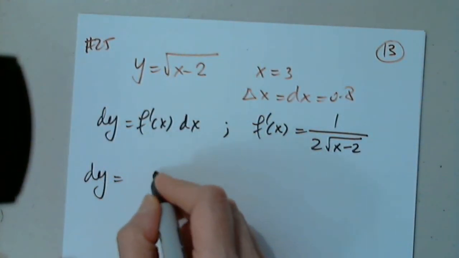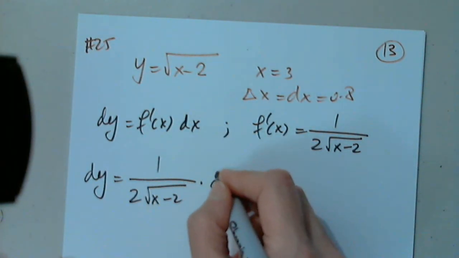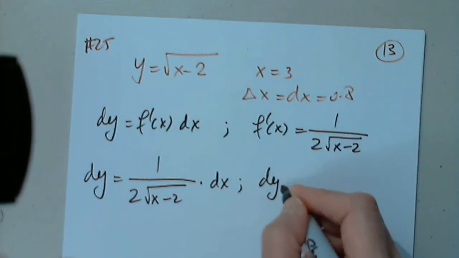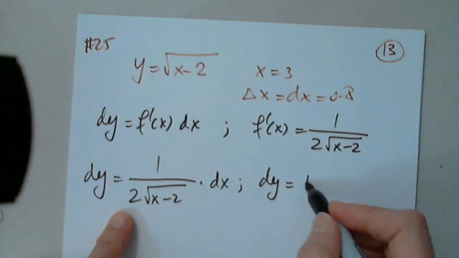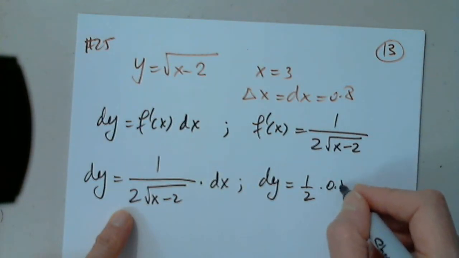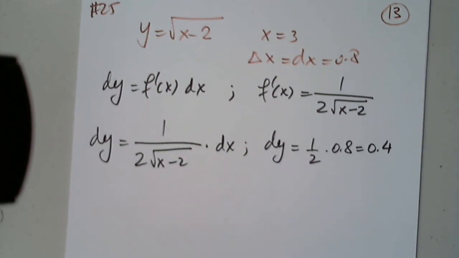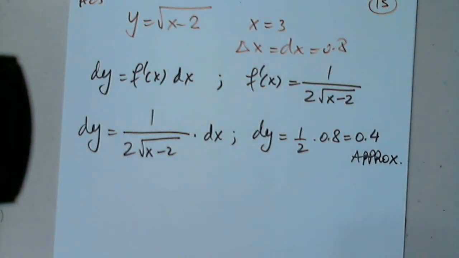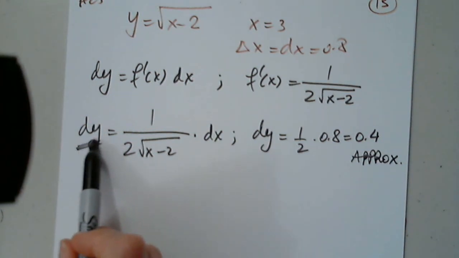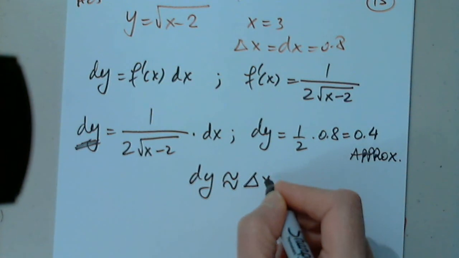So then dy equals 1 over 2 the square root of x minus 2. Don't forget dx, please. So then dy is 3 minus 2 is 1, so it's 1/2 times 0.8, so this is 0.4. Now this is the approximation, because I used the differential, which is an approximation of the exact.